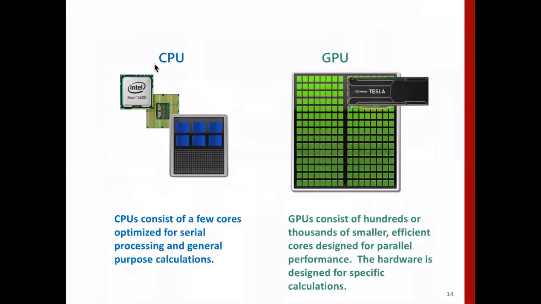A CPU in general consists of a few cores. We have seen in this example that we have 10 cores of CPU. However, it is optimized for serial processing. It means that one instruction after another can be executed in a sequential manner. Okay, however, you can create multi-threading and then run these threads in parallel, but in general, CPUs are designed for sequential program execution with a limited amount of parallelism.